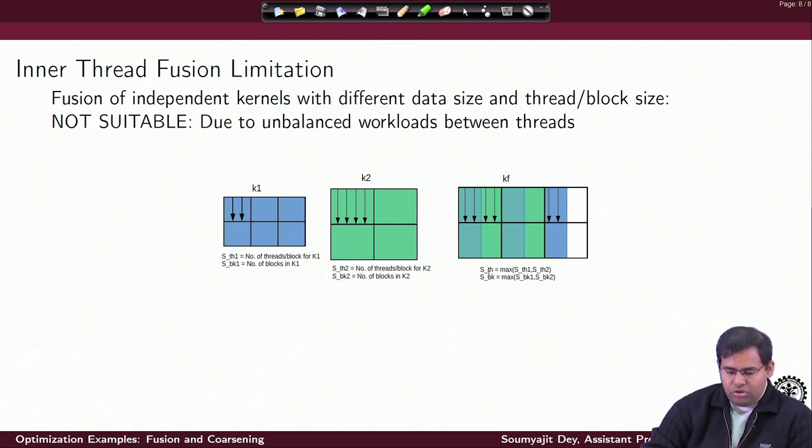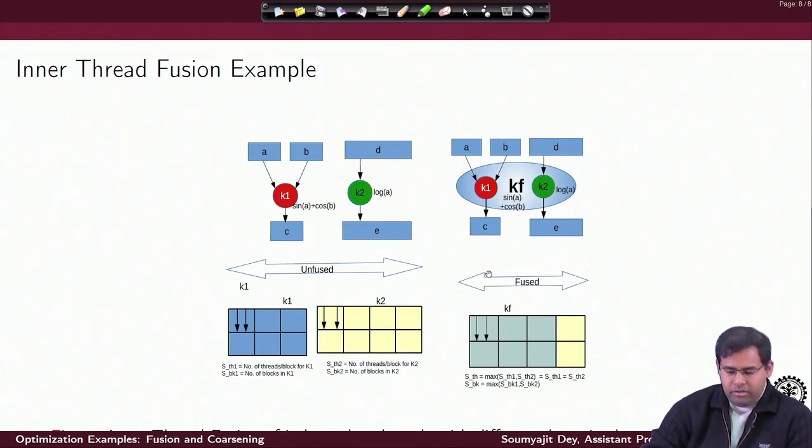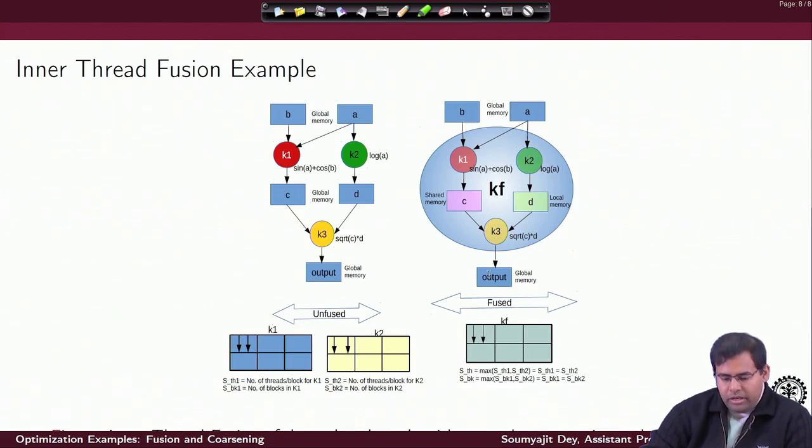Now one can easily visualize how the issue becomes even more difficult when you are trying to use this concept of fusion in the case where you have dependencies among kernels and there is no balance in terms of equality of threads per block and the number of blocks while executing dependent kernels if you are going for fusion.